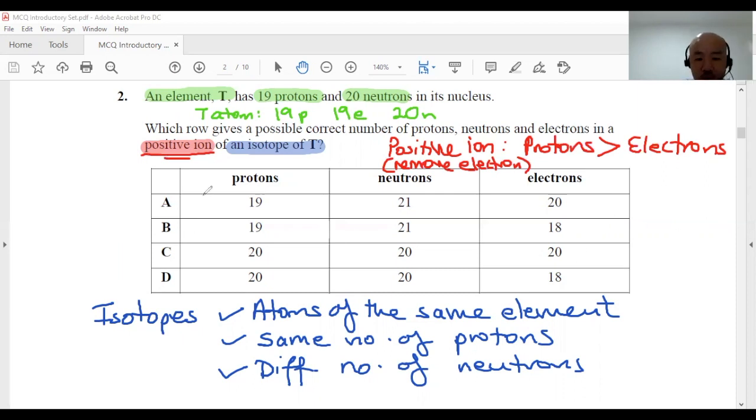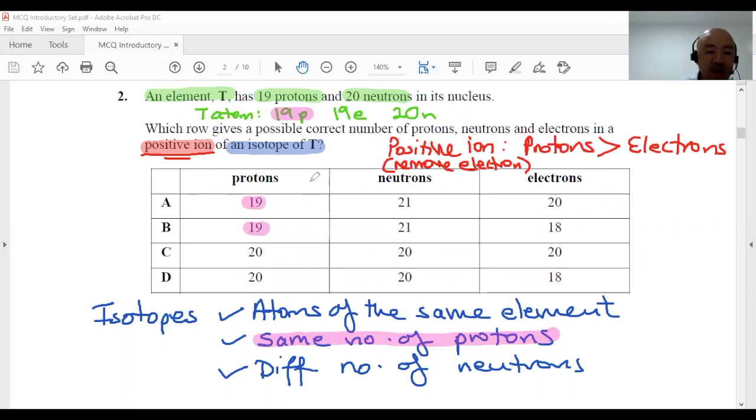So over here, we're going to look at the number of protons first. Because for an isotope, the number of protons will not change. It must be fixed, no matter what ion you have become. So for this in green, it has 19 protons for element T. The isotope will also have 19 protons.